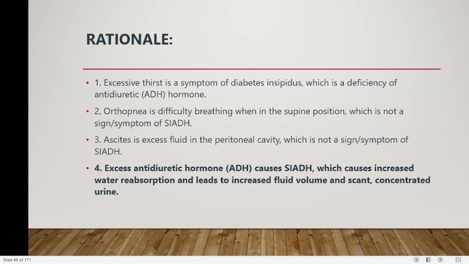Excessive thirst is a sign of diabetes insipidus, a deficiency of ADH. Orthopnea is difficult breathing when supine, which is not a sign of SIADH. Ascites is excessive accumulation of fluid in the peritoneal cavity, which is not a sign of SIADH also. Excessive ADH causes SIADH, which causes increased water retention, leading to increased fluid volume.